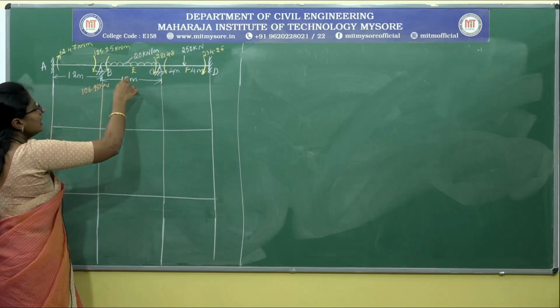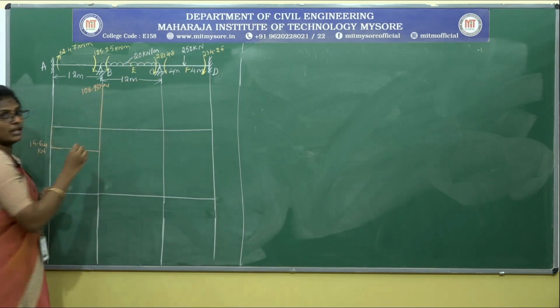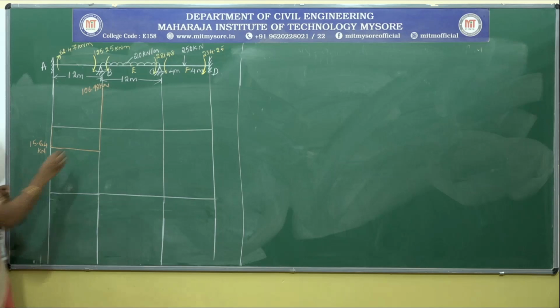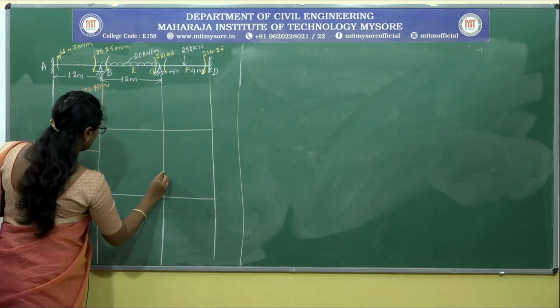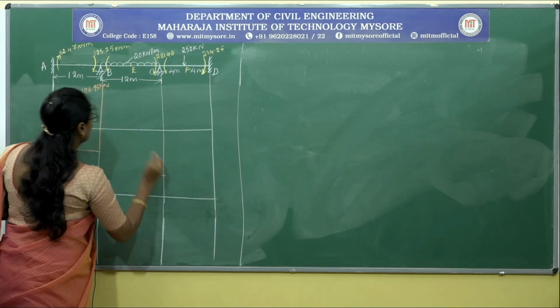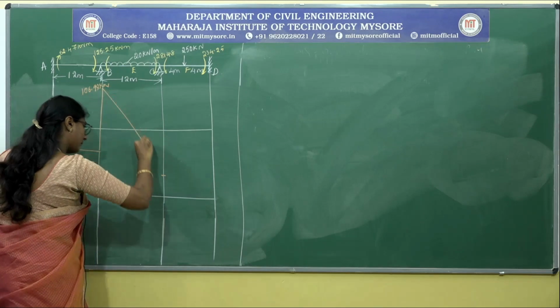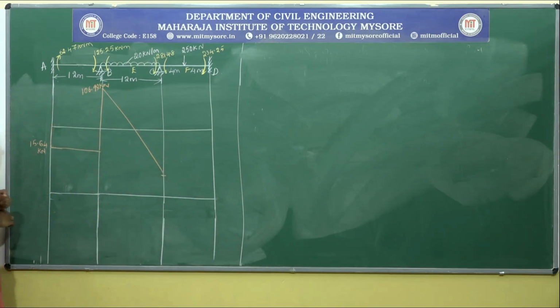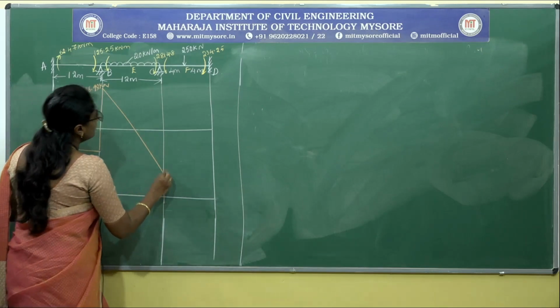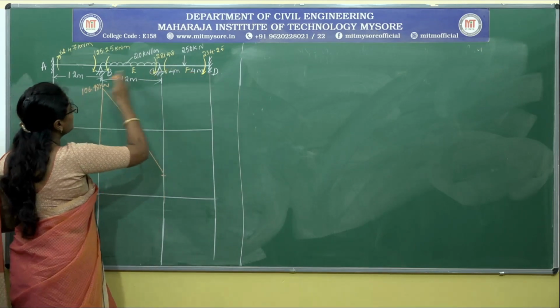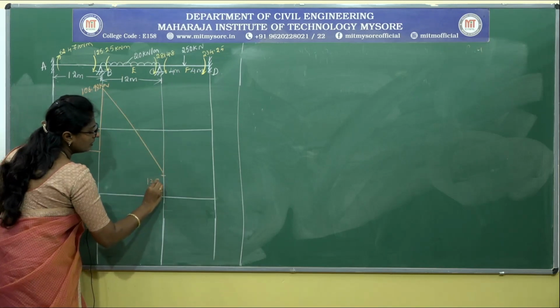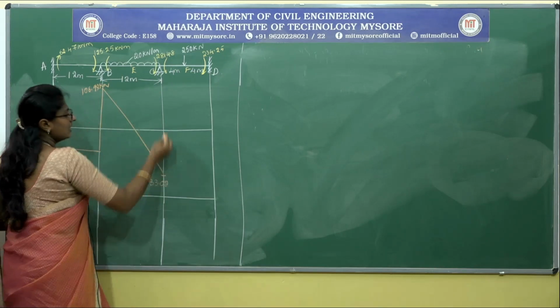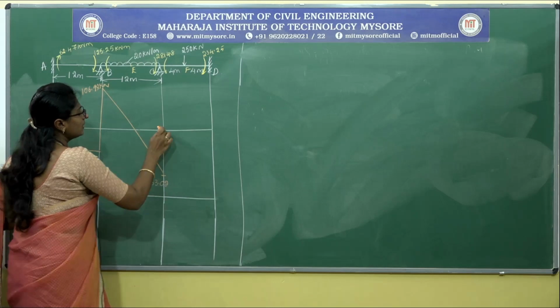So 20 into 12 will give you the value of 133.02. So RCB is also 133.02, which is minus and plus 133.02, it becomes 0.